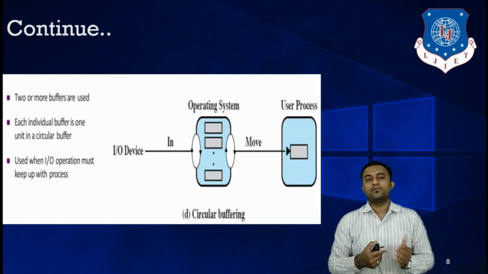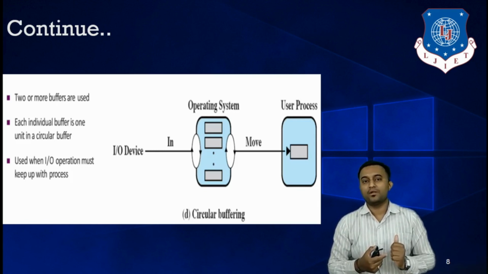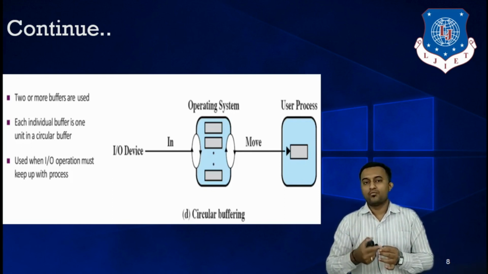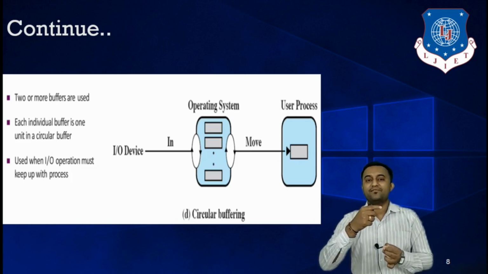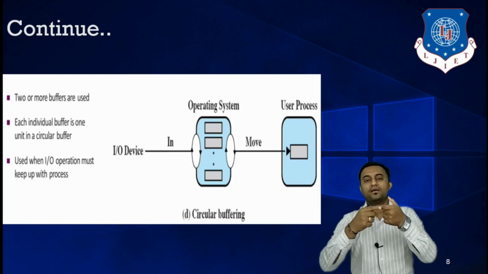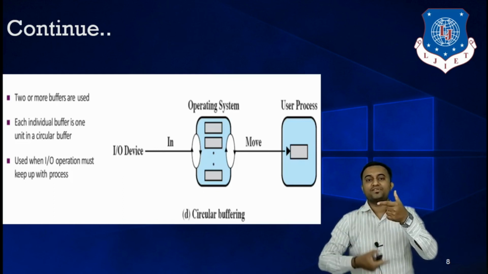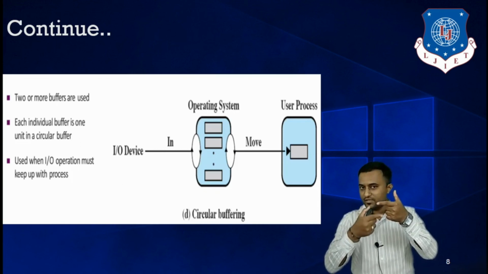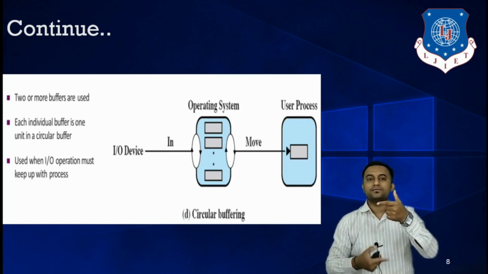For example, one request or element is inserted in a particular buffer, then that buffer will be moved down and the last buffer will come up. The second element will be inserted into the recently freed buffer, and the out operation or move operation will be performed when the very first buffer has reached the nth place.